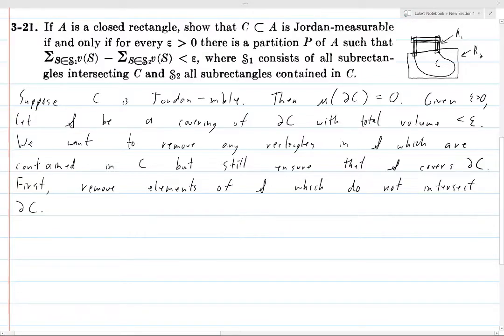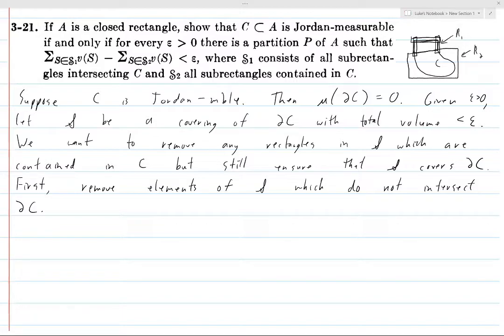This should be sort of straightforward, but you could imagine a scenario where you have a cover of the boundary of C, and the sets that actually cover the boundary of C have total volume less than epsilon over 2, but then you've just got a rectangle of volume epsilon over 2 just sitting off on its own somewhere that doesn't intersect the boundary of C at all, and the only reason it's there is that you still satisfy the condition of having something which covers the boundary and having total volume less than epsilon.